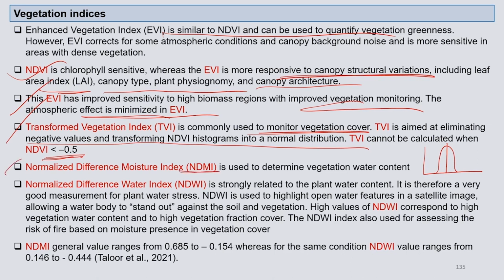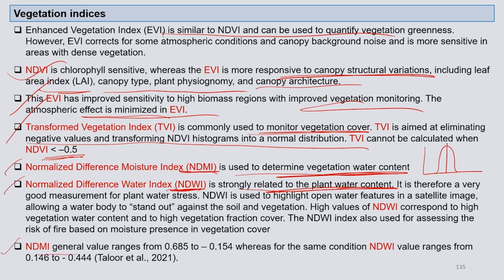Next, NDMI is used for determining the vegetation water content. NDWI is strongly related to plant water content, and that is why NDWI can be used to understand if a plant is going through water stress or not. So, to understand in a field, suppose a rice plant, we all know it requires so much water. If there is less water and the plant is running out of water, NDWI can help you give an early warning.